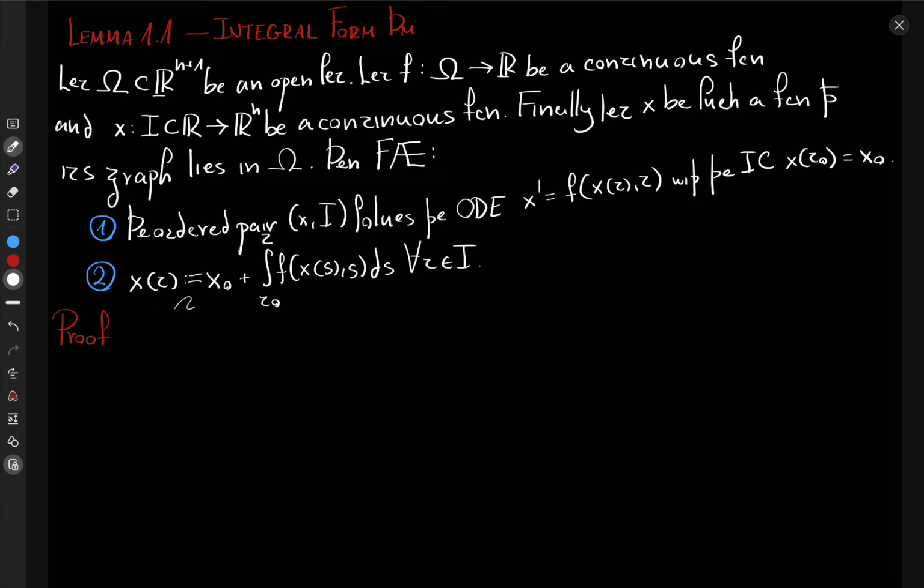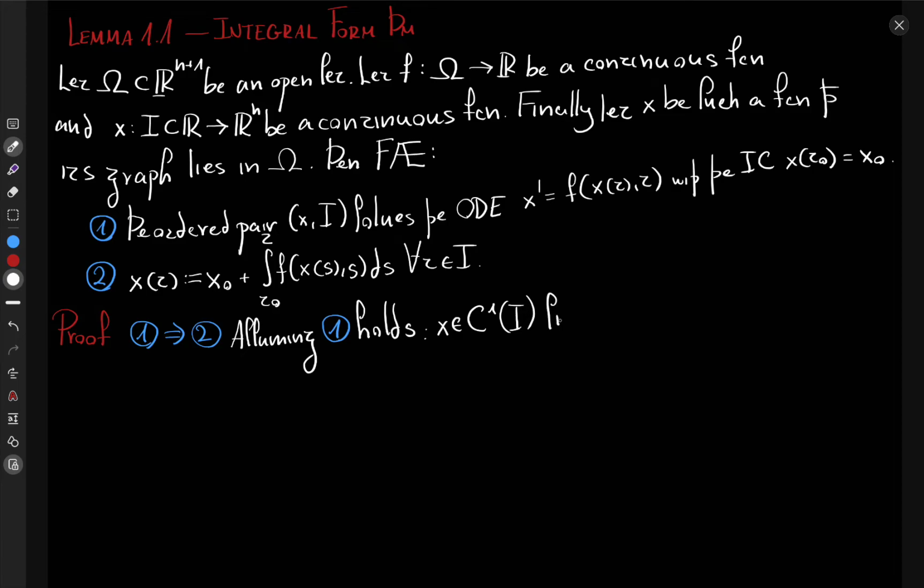Well, we shall prove that 1 implies 2. So, assuming 1 holds, assuming the first point holds, x is an element of C1 of I, meaning that x has continuous first derivative, first partial derivatives. This is continuously differentiable. Why?